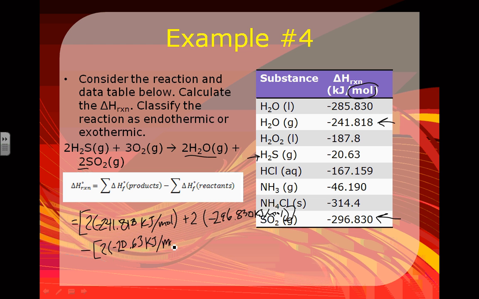Again, we're multiplying by 2 because this is per 1 mole, and we have 2 moles in this reaction. Plus, I have 3 moles of oxygen, but remember, this is in its element form, so we're going to call that 0. Then I'm going to close those brackets. Once I do all that math, the number that I come out with is this right here.